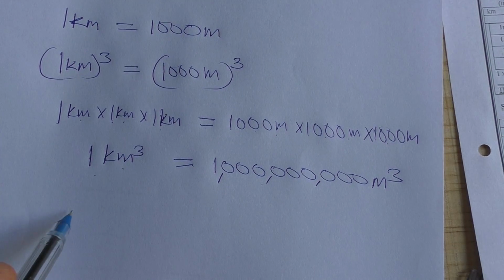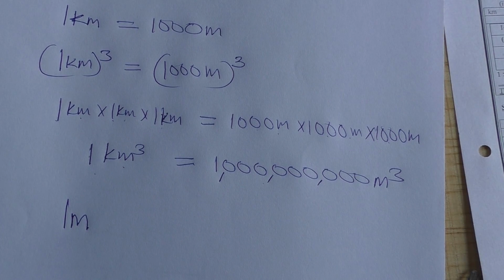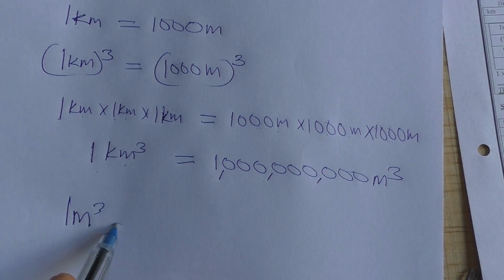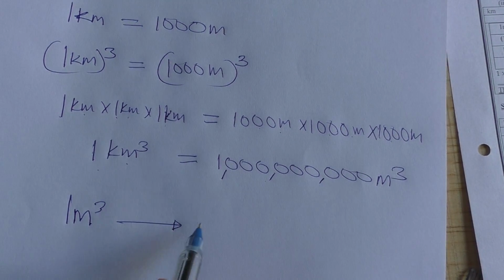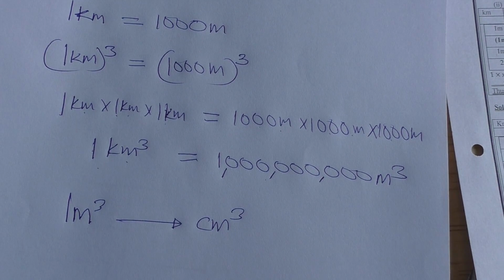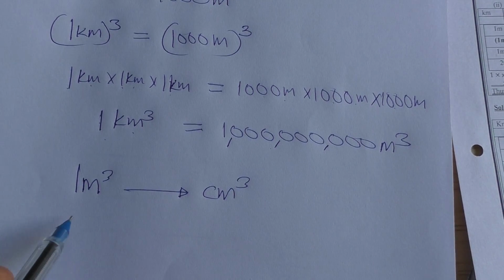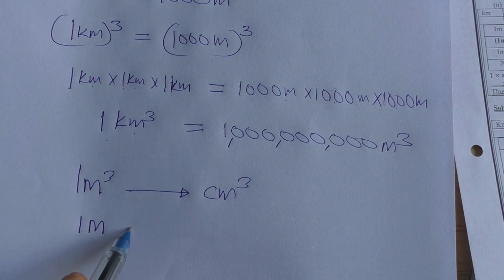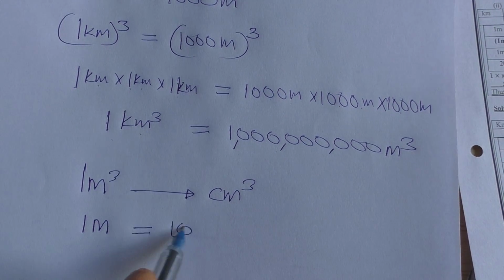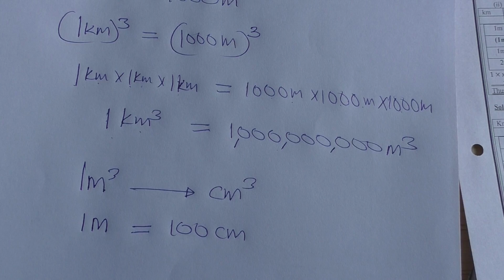We can also convert 1 meter cubed to centimeter cubed. We know that 1 meter is equivalent to 100 centimeters.